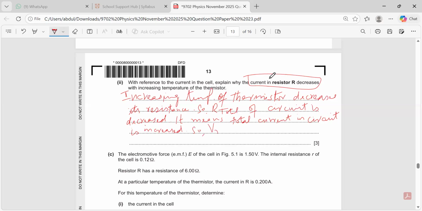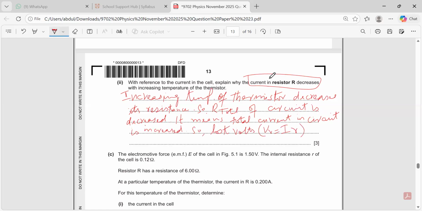So the lost volts, that is V r equal to I small r, is increased.